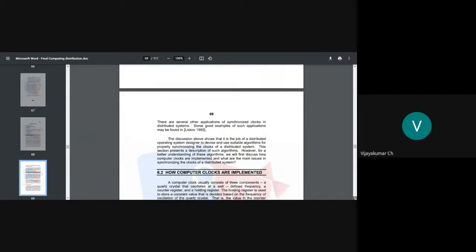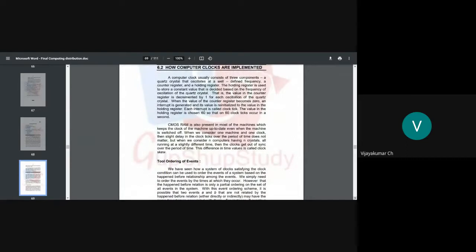So how are computer clocks implemented? Let us see. A computer clock usually consists of three components. The first one is a quartz crystal that oscillates at a well defined frequency.